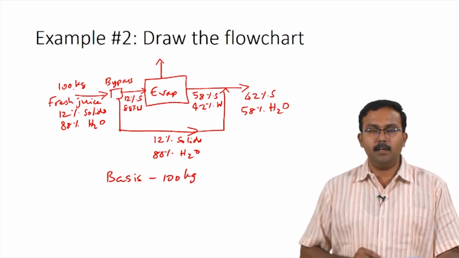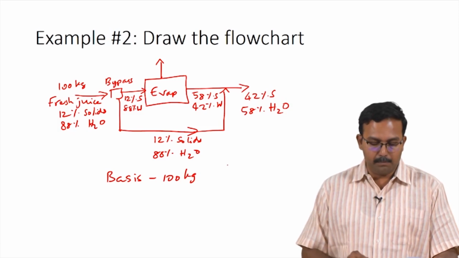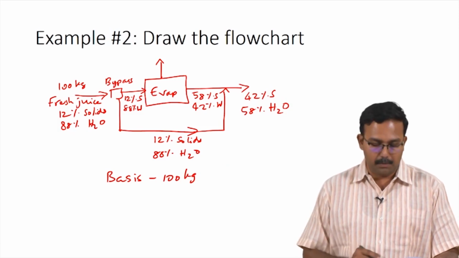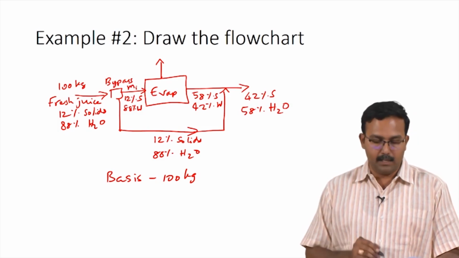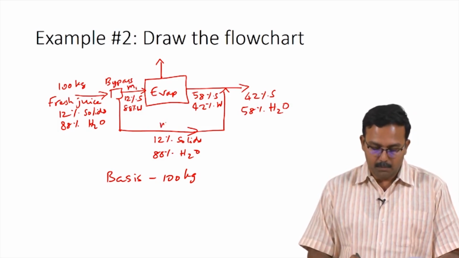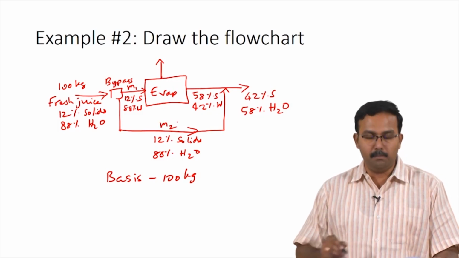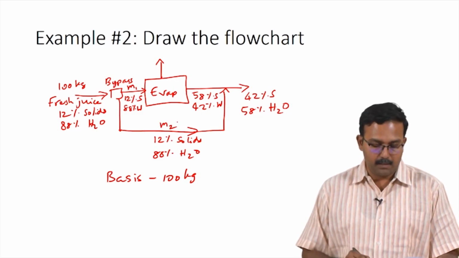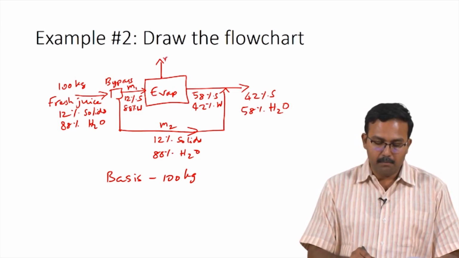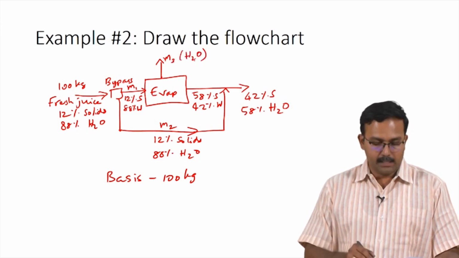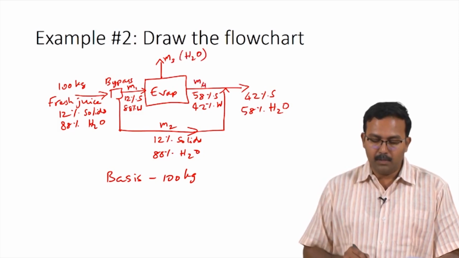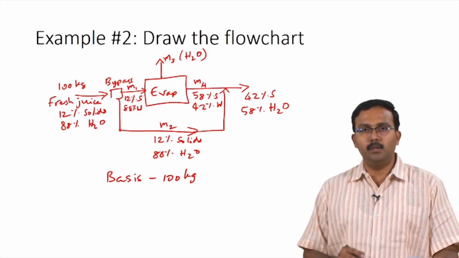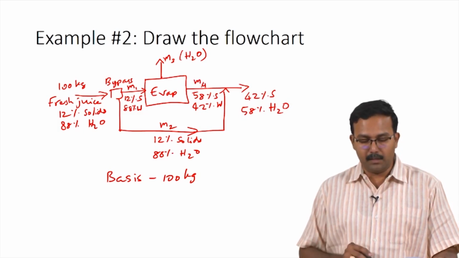Now that we have 100 kilograms entering, some of it is bypassed and the rest goes into the evaporator. Let us call m1 kilograms as the mass which is entering the evaporator and m2 kilograms as the mass which is being bypassed from the evaporator. So, you have m3 kilograms of water which is leaving the system as the evaporated water vapor and you have m4 kilograms of concentrated juice which is leaving the evaporator.